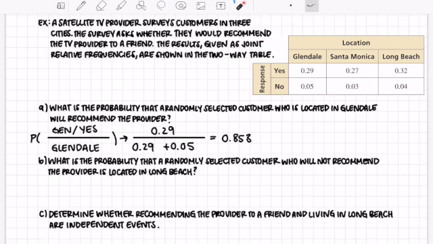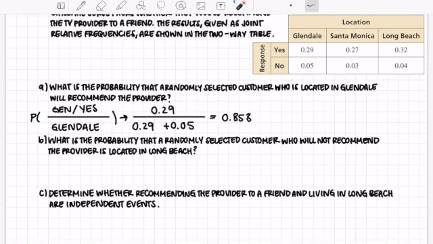Okay, what is the probability that a randomly selected customer now, so it's just a randomly selected customer, could be from any of the locations that were provided, would not recommend the provider and is located in Long Beach? Okay, so again, the overall generalized statement is that we're just looking at anybody.